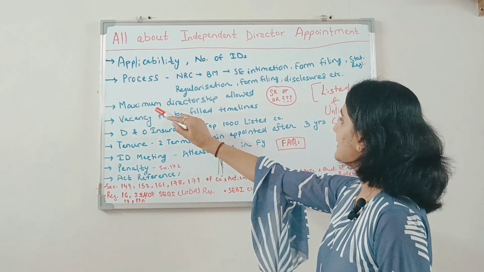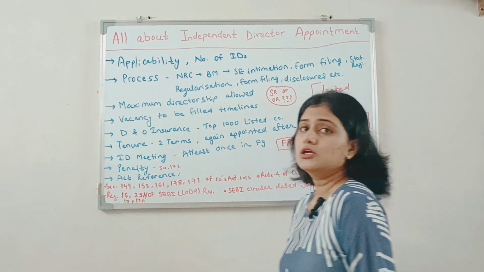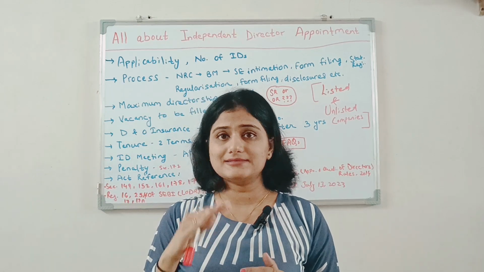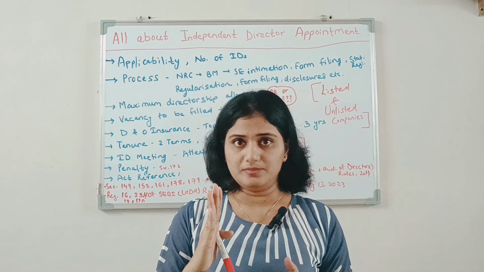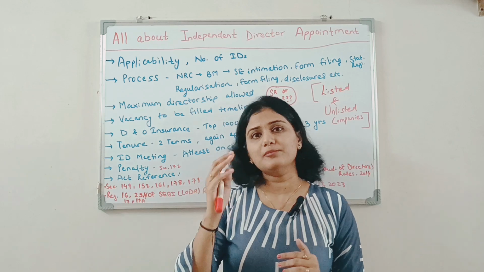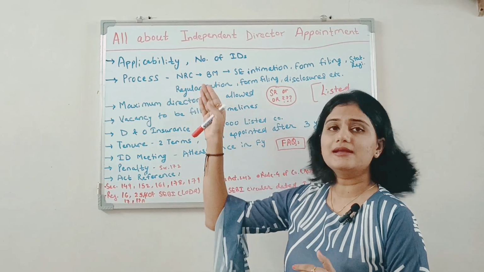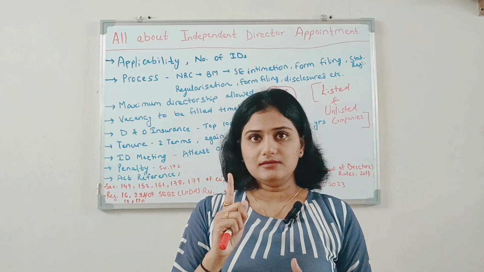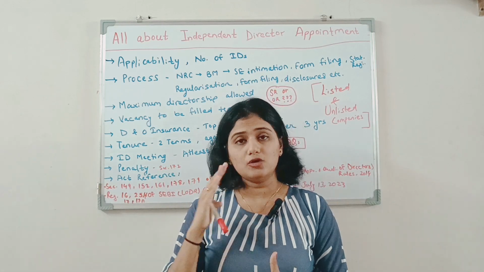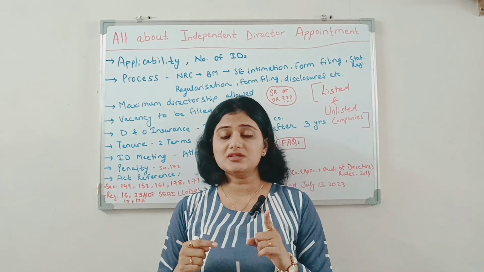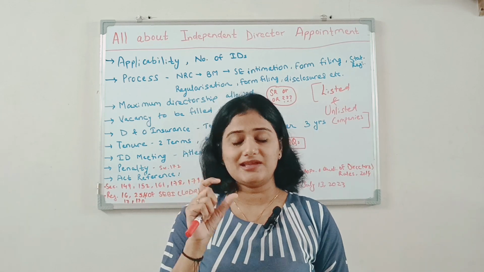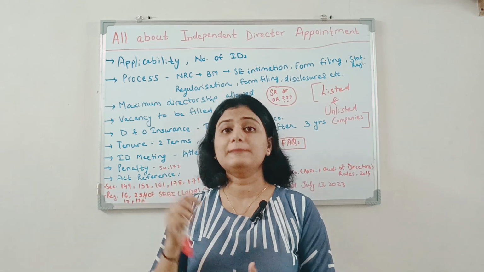Coming to next, maximum directorship allowed. So here, as per the Companies Act, a person can be appointed as a director in maximum 10 public companies. Okay, here I am only considering public companies because ID is applicable to public companies only. So Companies Act 10, but in case of listed company, LODR regulation requires that a person can be appointed as an independent director in maximum 7 listed companies simultaneously.